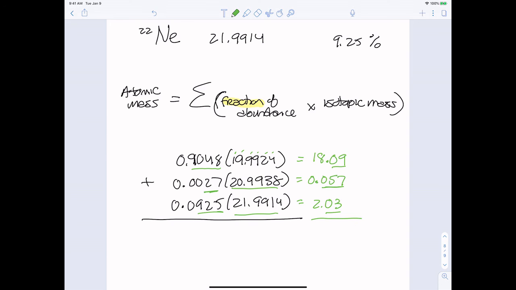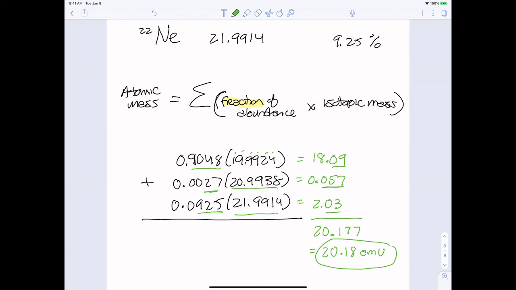So 18.09 plus 0.057 plus 2.03. I get 20.177, I'm just going to write everything down at first, but then again, for sig figs, I need to round it to 2 digits after the decimal point. I need to include my units, and I get 20.18 as my answer.